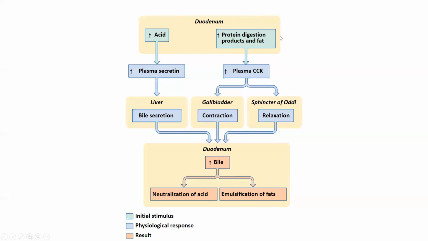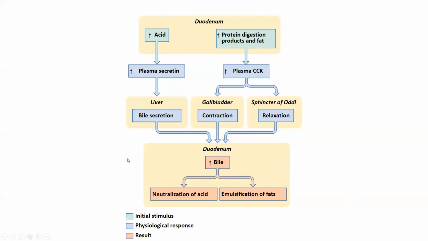Whereas protein digestion, the presence of those molecules, proteins, fats, amino acids in the duodenum, that's going to encourage CCK. CCK will then do two things. Relax the sphincter to open up that duct so that fluids can move into the duodenum, as well as encourage the gallbladder to contract. And the contraction of the gallbladder is what squeezes or secretes that bile out into the duct system. Okay.